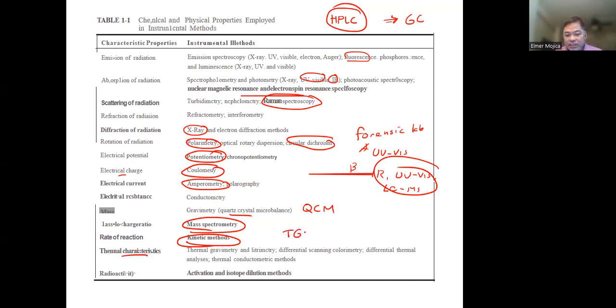Meron dyan tinatawag na TGA at DSC and DTA. I have experience using that. We tried to determine if there's a difference between a rabbit brain or a dog brain compared to the normal brain, and we see some difference there. And last but not least, radioactivity, which I also have experience with.